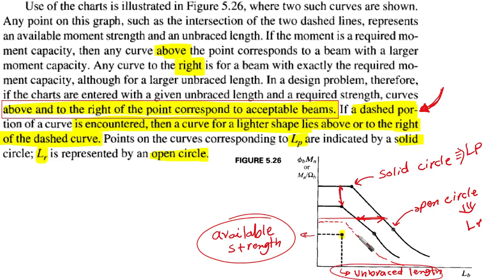But the dashed curve indicates that there is a lighter shape above or to the right of the dashed curve. This means that above this curve there is some other curve which is solid. This curve is going to be lighter, and lighter means that it's more economic.